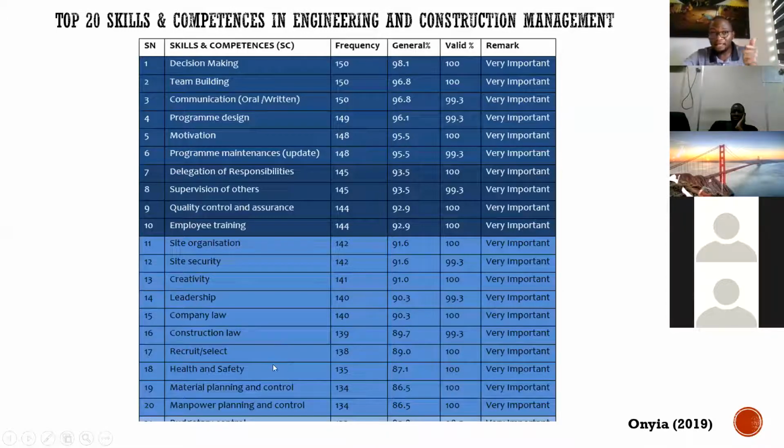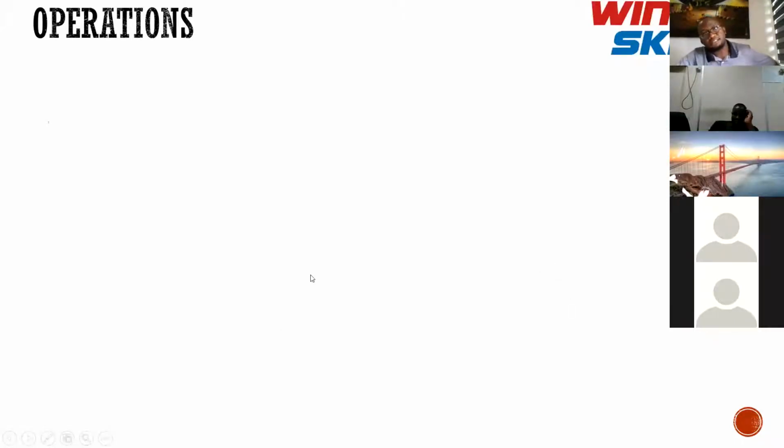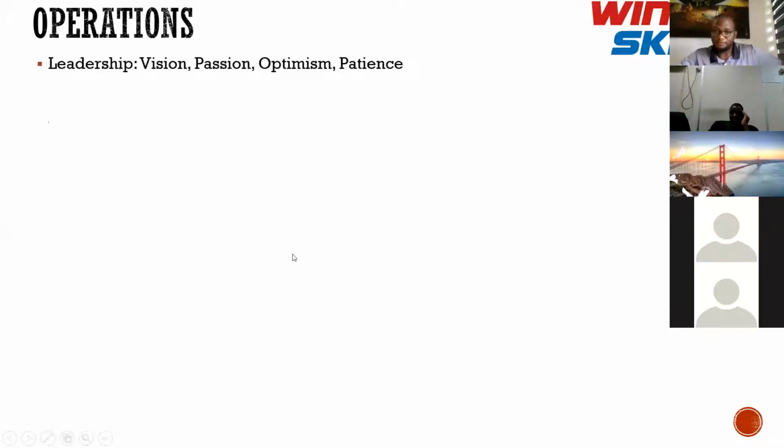So health and safety is still a very important issue, don't take it out of context. But it has taken a little bit of a backseat, so that innovations and creativity can drive developments in engineering.